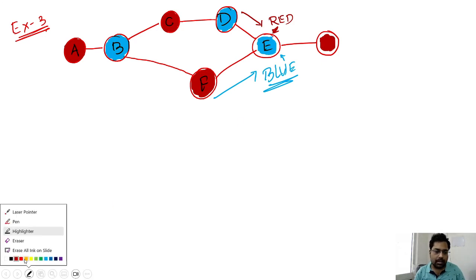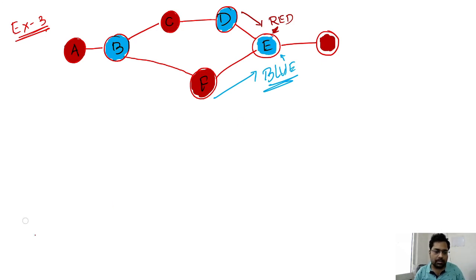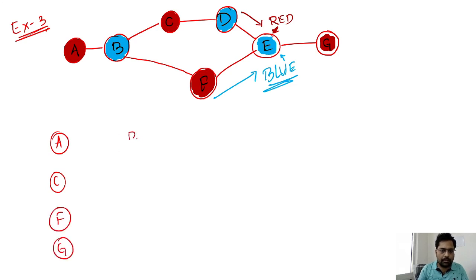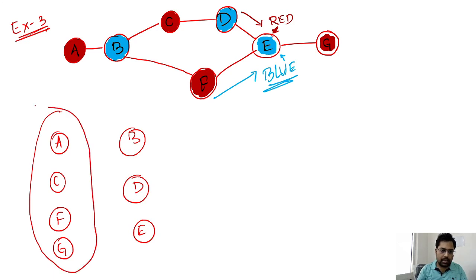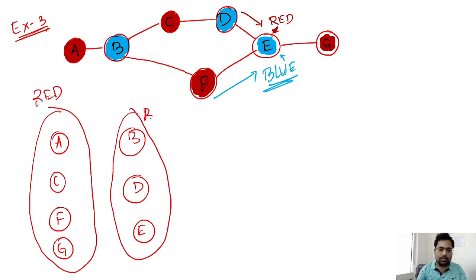Next, you can write this as G. Now name them: A, C, F, G here, and B, D, E. I said there should not be edges within the group. Think this is your red, and this is your blue.